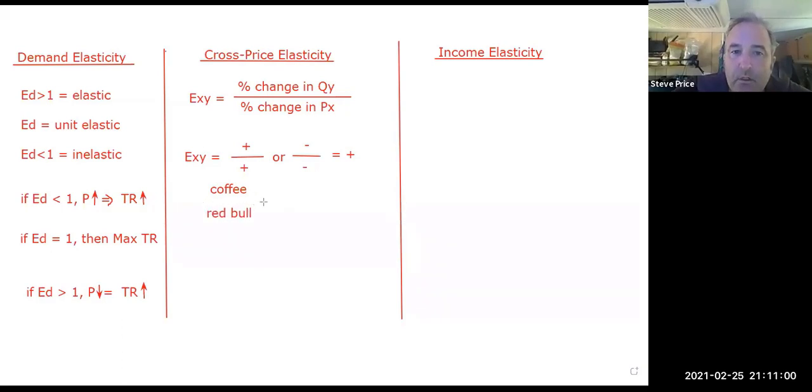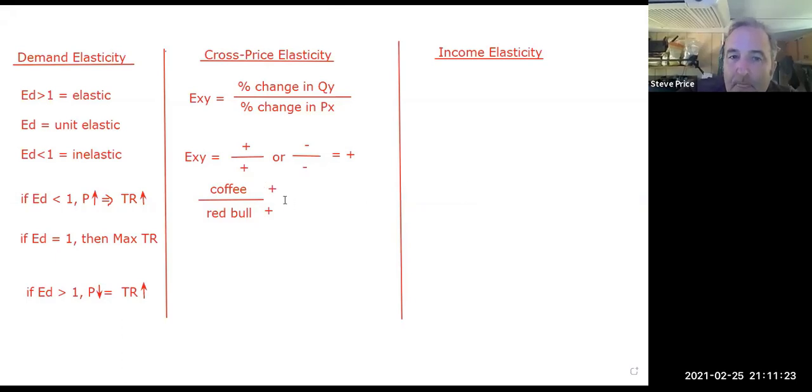So note here, if the price of Red Bull goes up, and remember what I said about complements and substitutes, exaggerate this. If the price of Red Bull goes up to $1,000 per can, then demand for coffee will increase.